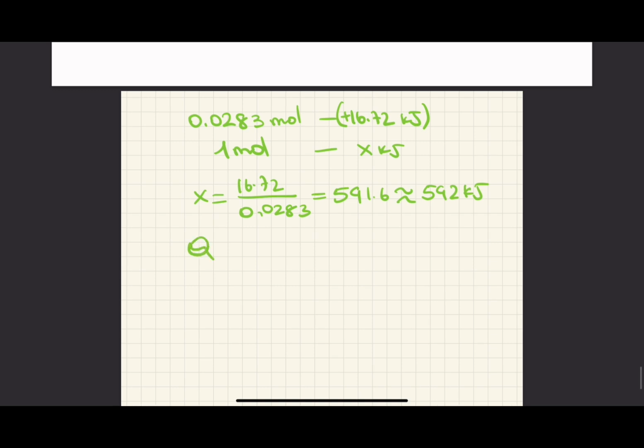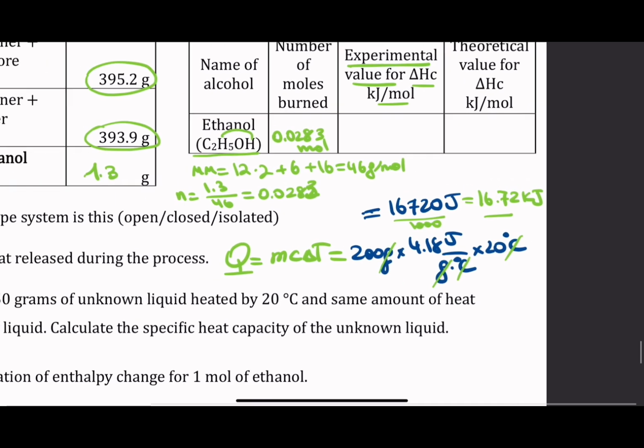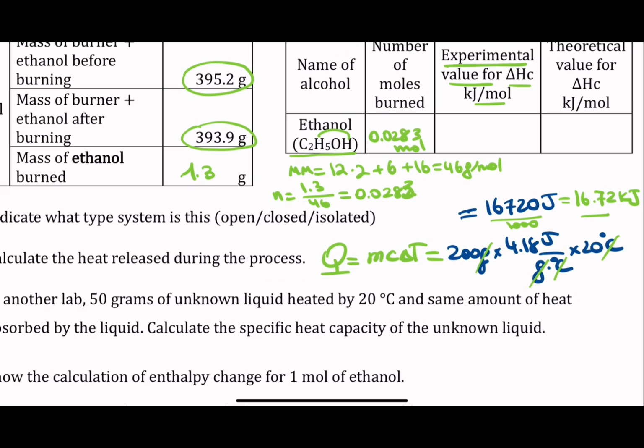So we got 592 kilojoule per mole. In terms of delta H, this value is negative 592 kilojoule, because we know that they have opposite signs, right? So this is negative 592 kilojoule per mole.